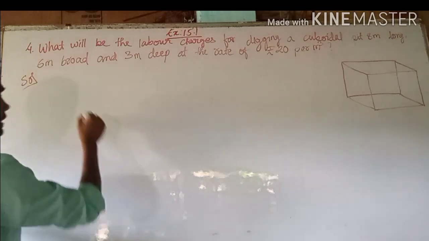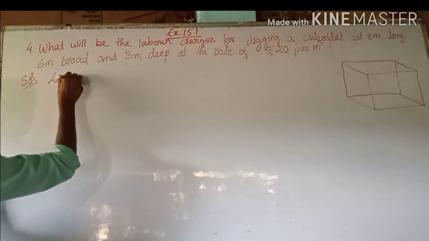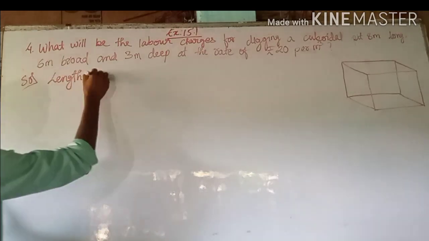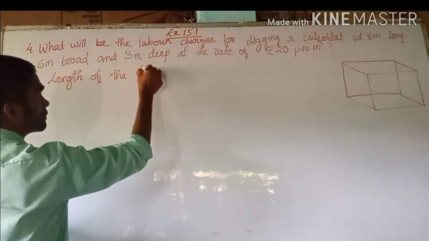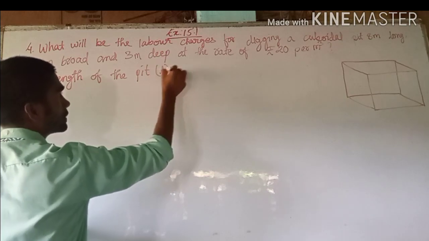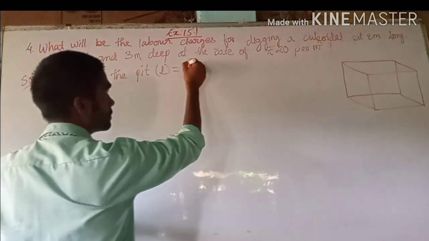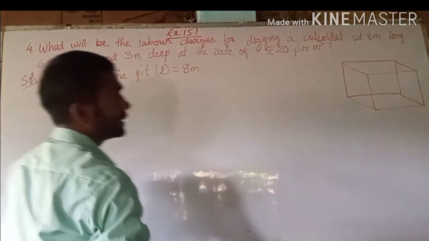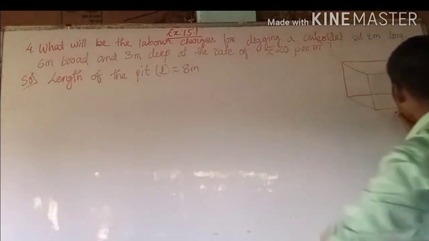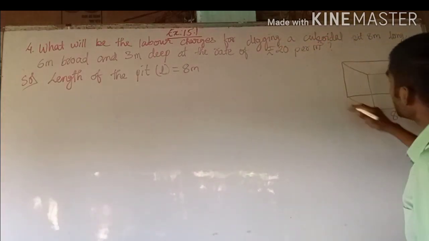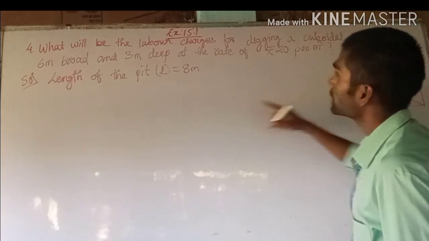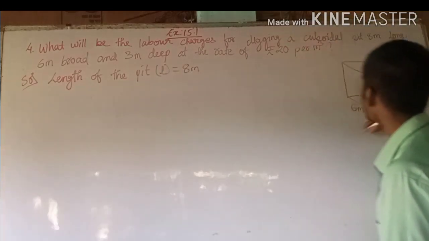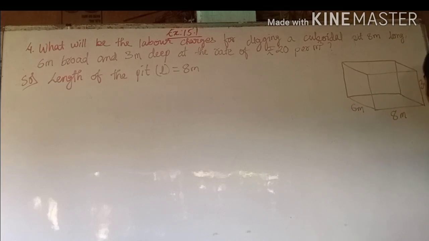So we write here, length of the pit, we will take it as L, that is equal to 8 meter long. Breadth of the pit, B, is given, that is equal to 6 meter. And the depth is given as 3 meter, that will be the height.